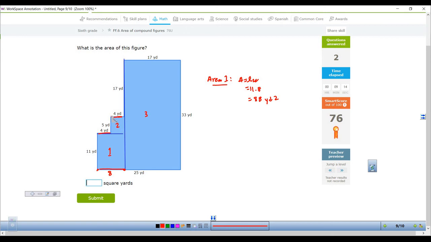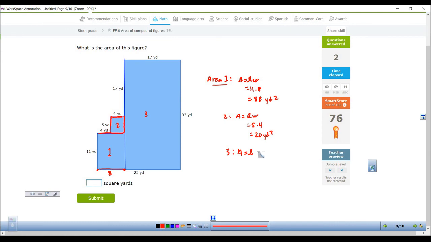Okay. Area 2, do you see 2 right here? We've got it, it is 5 by 4. So area 2 is going to be length times width, which is 5 times 4, which is 20 square yards. And area number 3 is going to be 17 times 33.